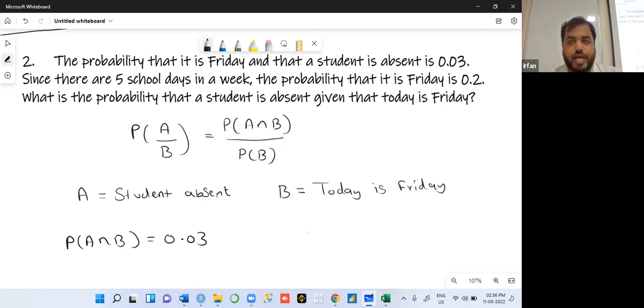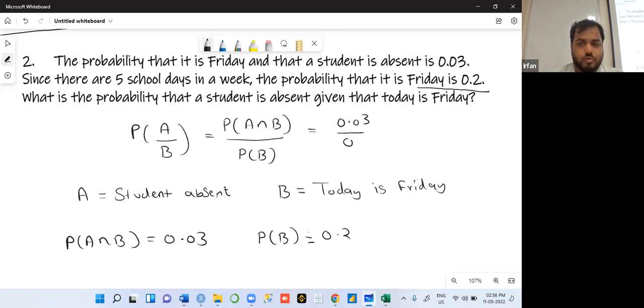Probability that it is a Friday is how much? Can you put it in the above formula, guys? How much? 15% chance the student will be absent on Friday.